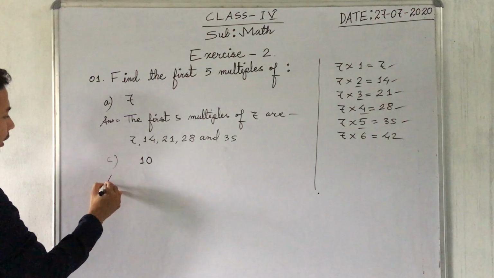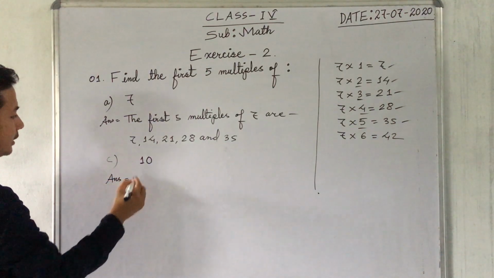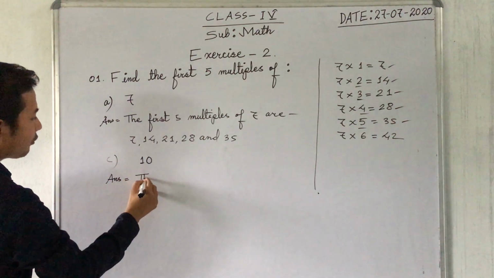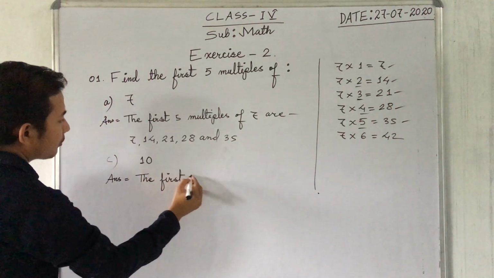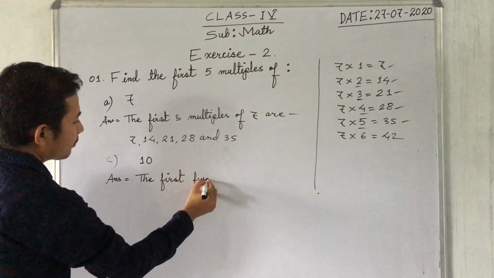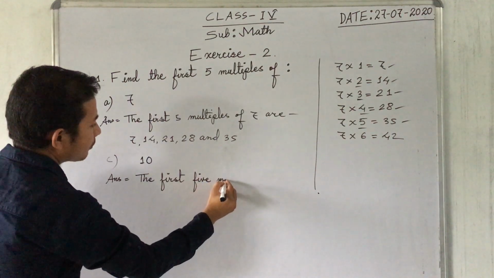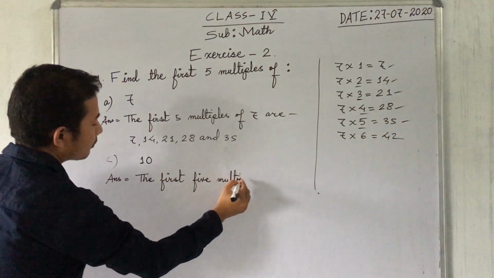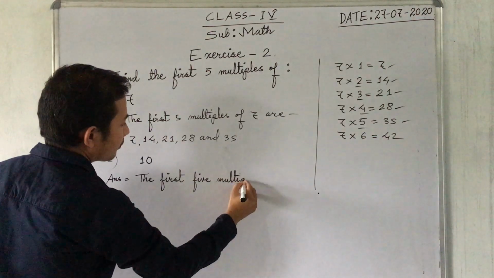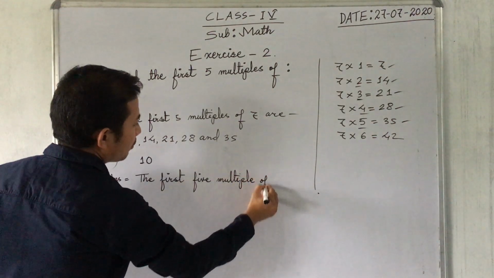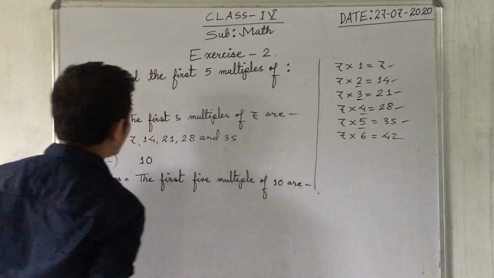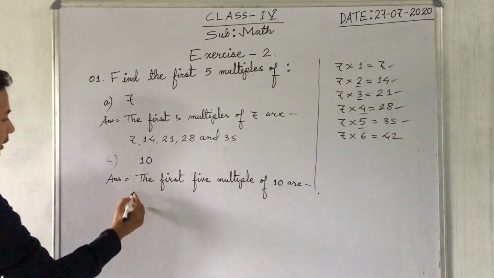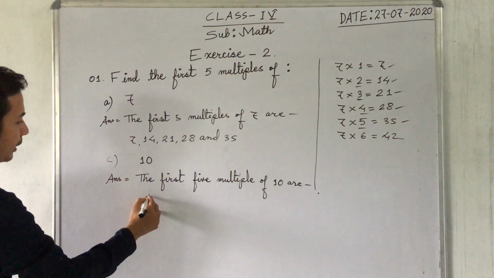Look here. The answer is: the first 5 multiples of 10 are, so 1 times 10 is 10, so the first multiple is 10.